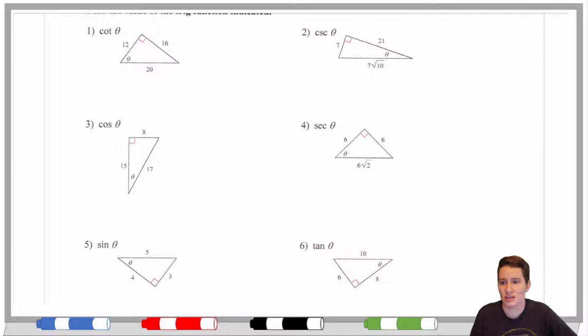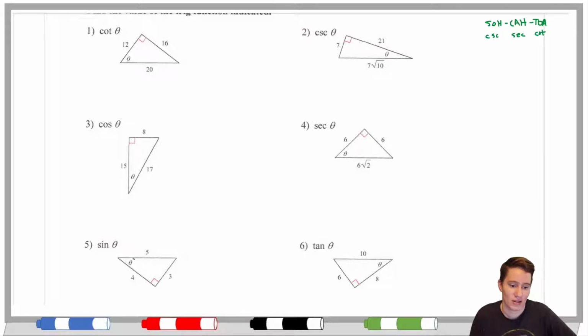We need to basically have the understanding of which sides go with each trig function, and we also need to have the idea of which ones are reciprocal. So the reciprocal of sine is cosecant, the reciprocal of cosine is secant, and the reciprocal of tangent is cotangent.